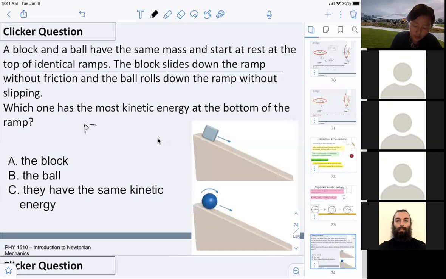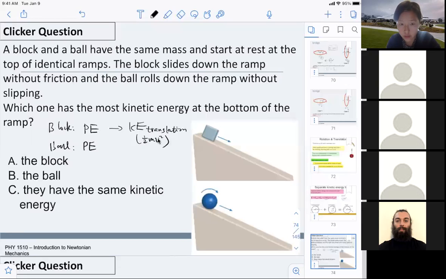So a very key point to figure out which one is correct: for the block, the conservation of energy transformation is potential energy going to kinetic translational only, 1/2 mv squared. For the ball, it's the same potential energy, we all agree, right? They start from the same height.